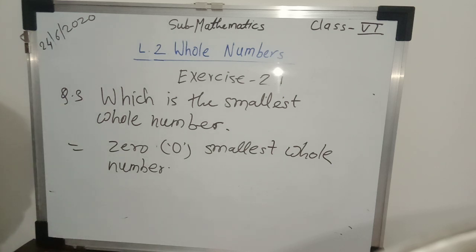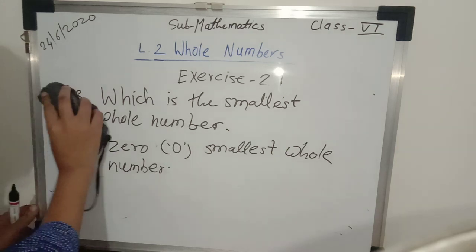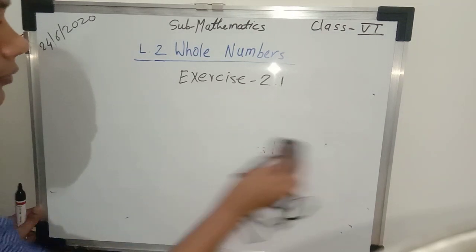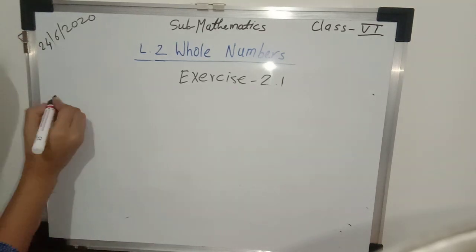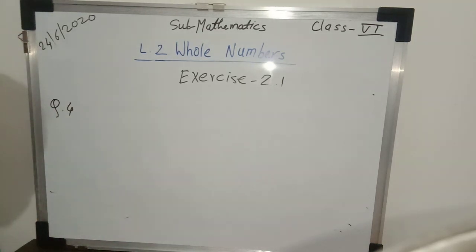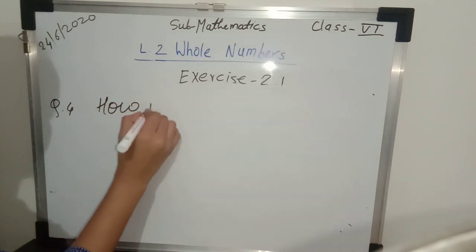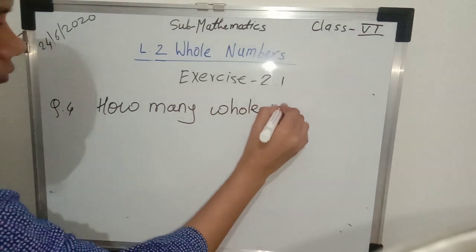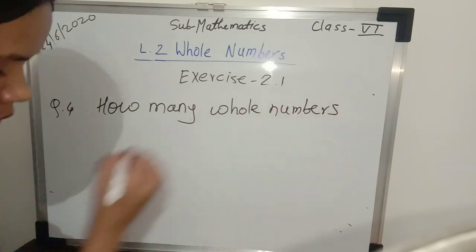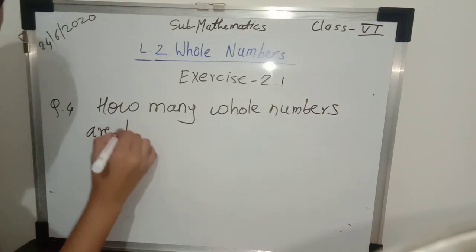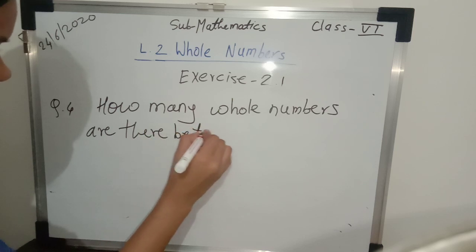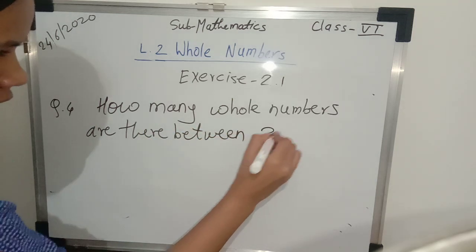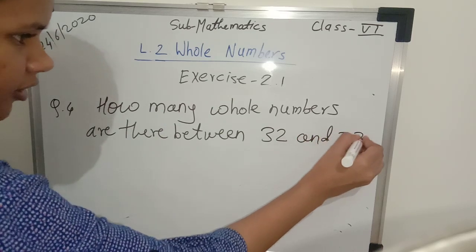Now let's see question number 4. It is very simple; here you have to count the numbers. Question number 4 is: how many whole numbers are there between 32 and 53?